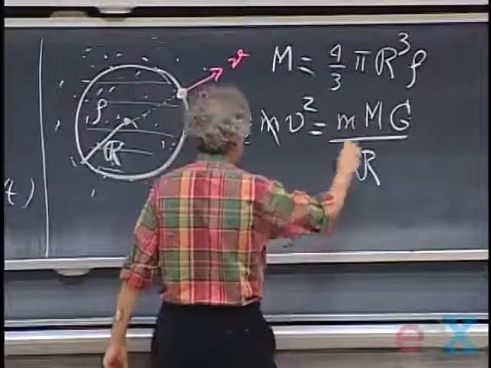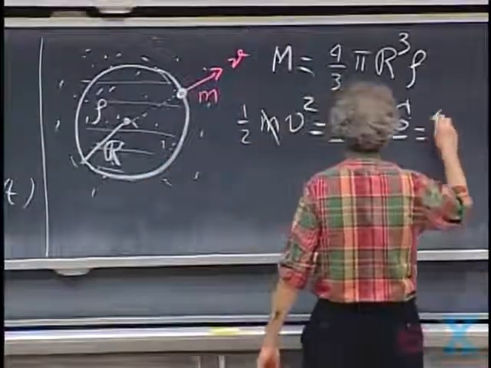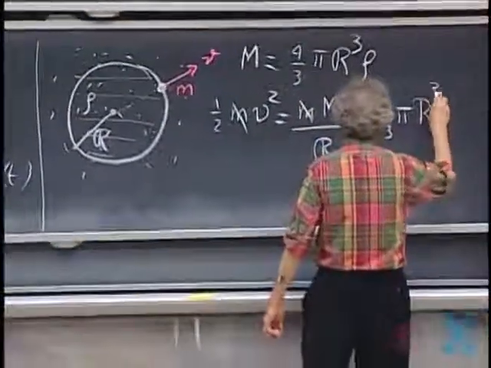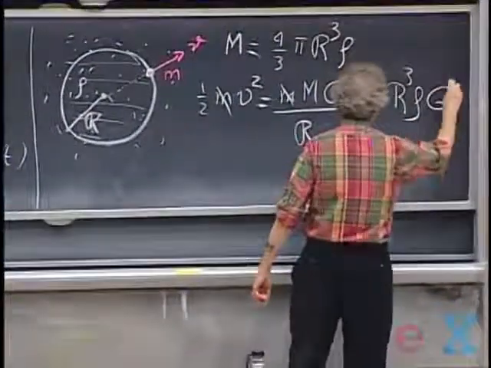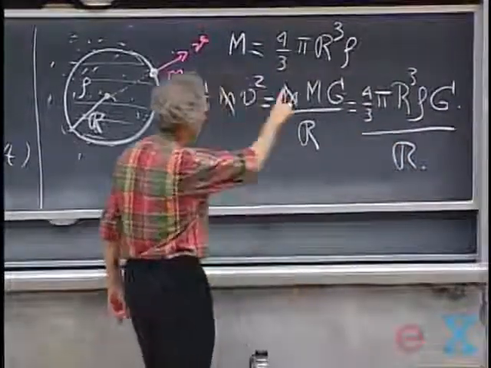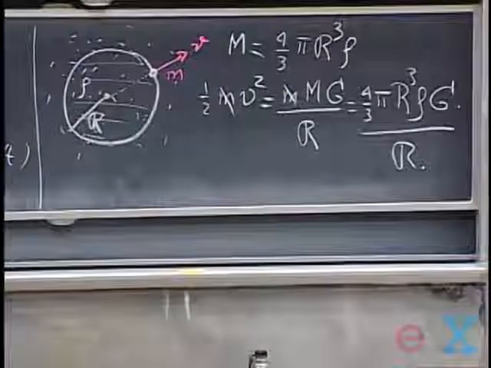Little m cancels out. For capital M, I can write 4/3 pi r cubed rho. Here comes my G, and here comes r. Notice that the r cubed upstairs becomes r squared.